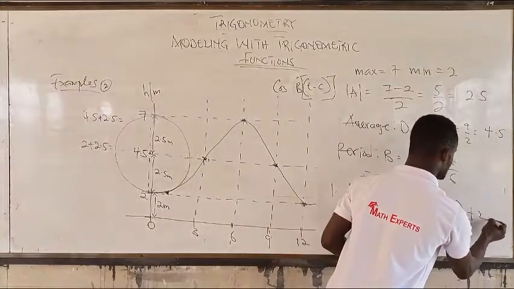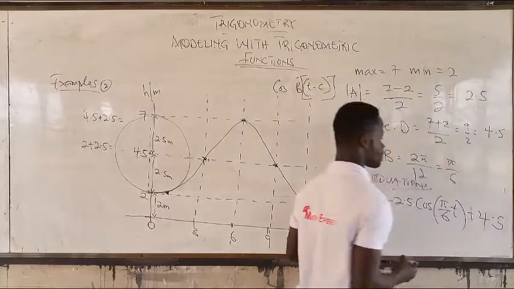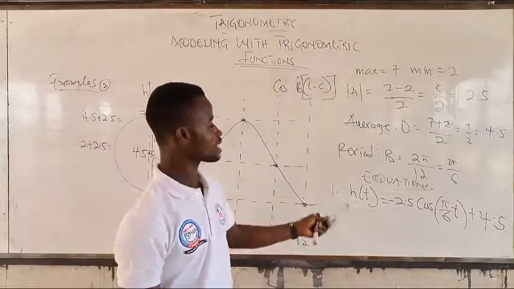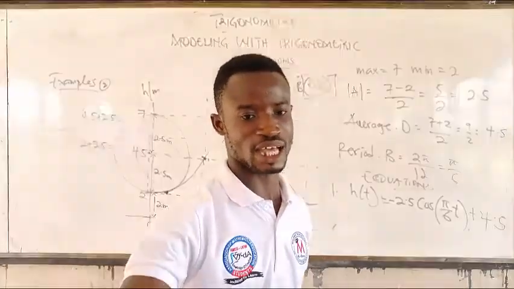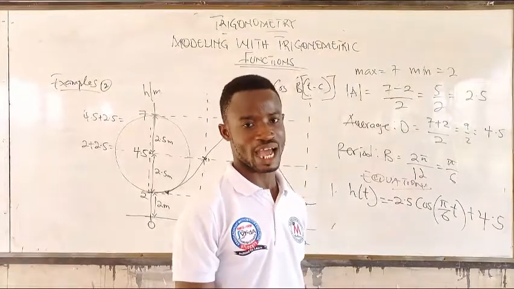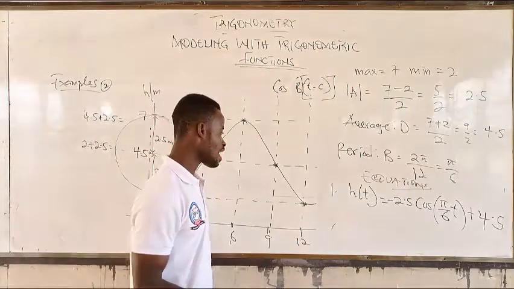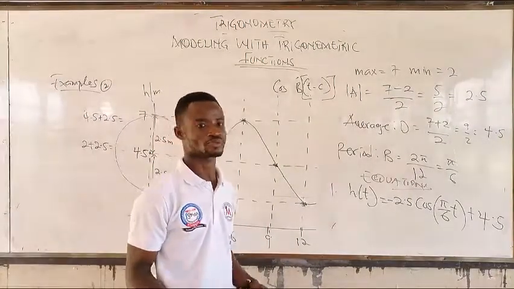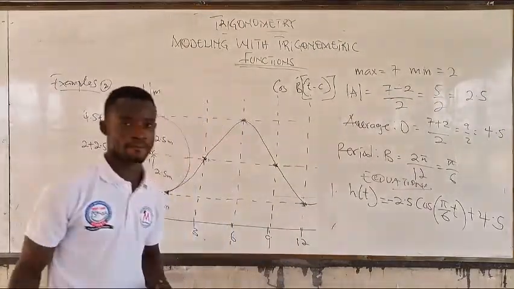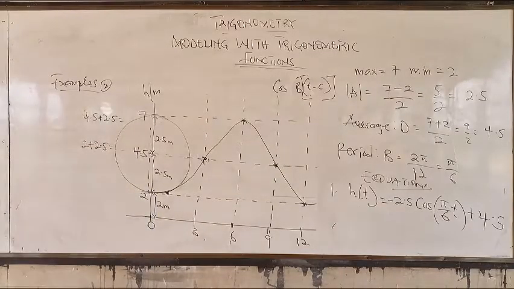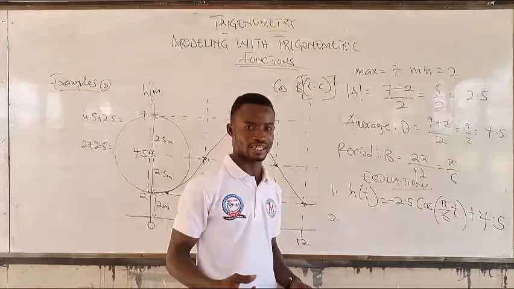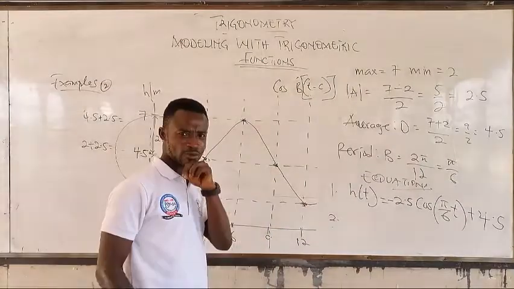Then plus the vertical shift of 4.5. And that is that. So that is the first equation that we can derive. Very good.